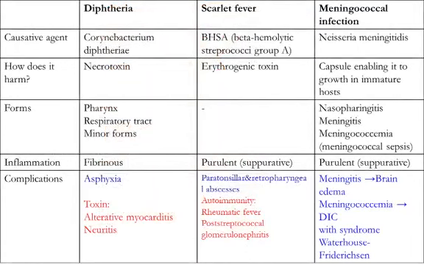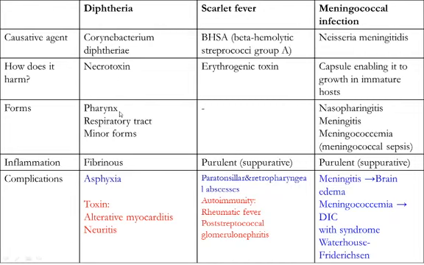Let's look at the skin, and we can go through it again. In diphtheria, the causative agent is Corynebacterium diphtheriae, rods. How does it harm? With a necrotoxin. So this disease is similar to dysentery, with a necrotoxin, with direct injury of the membrane.